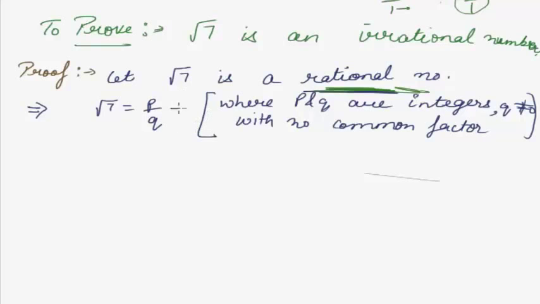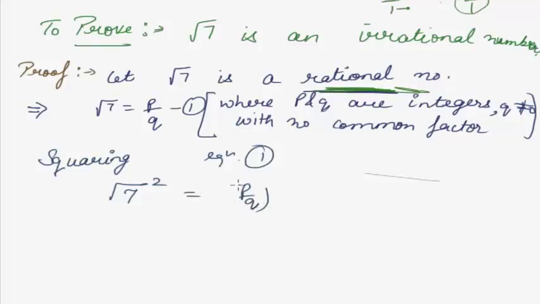Now friends, let us label this equation as 1 and square both sides of equation 1. We will get root 7 square equals p by q whole square, or 7 equals p square over q square, which will give us 7q square equals p square.